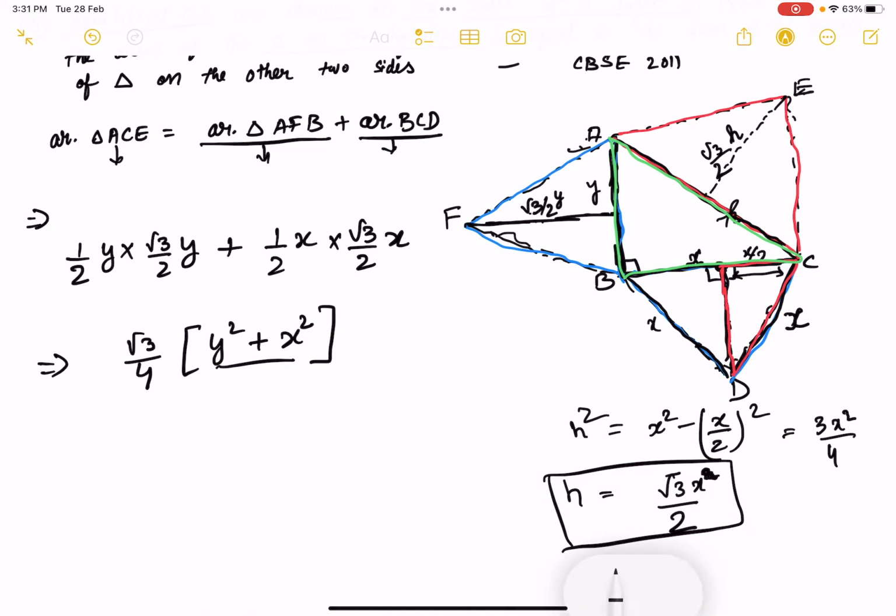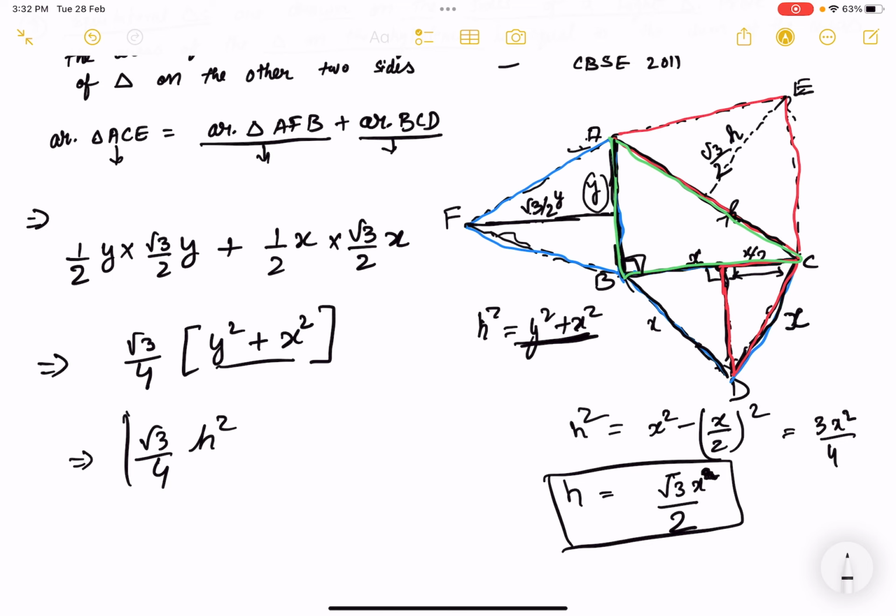We'll apply Pythagoras theorem. So h square, h is the hypotenuse, is equal to y square plus x square. So I'm going to replace x square plus y square with h square. So we have root 3 by 4 h square as the sum of the areas of these two triangles.